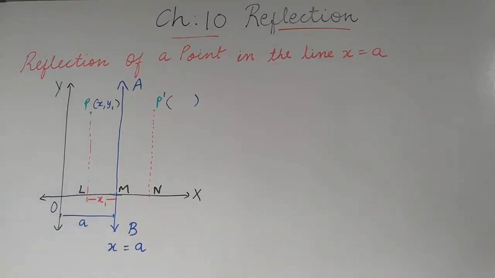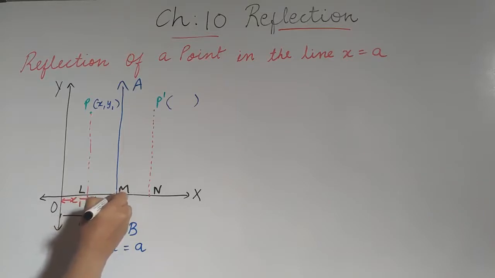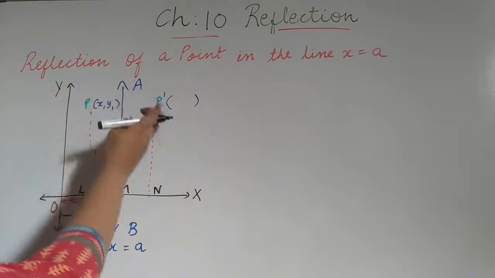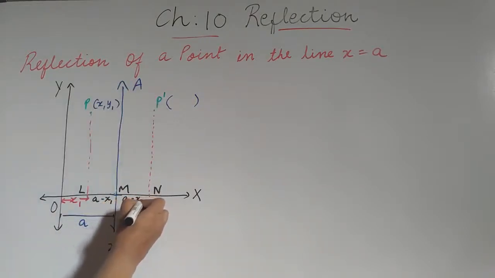Actually, from the origin we have to take the distance, so this much distance is x1. Now the LM distance will be a minus x1. So I write here a minus x1. These two are the same distances because point P is reflected to P dash. It means this distance is also a minus x1.